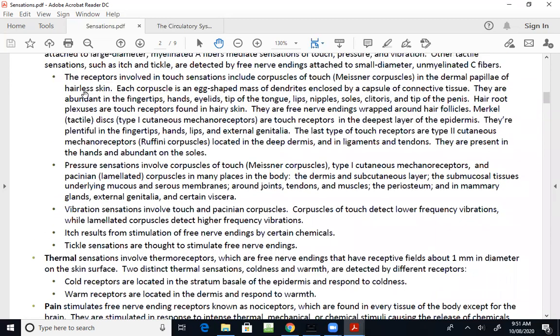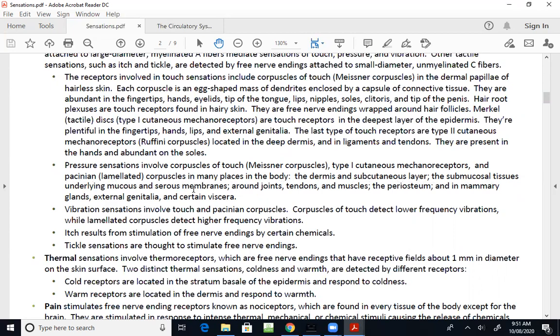So those are all for touch. Pressure involves some of those same ones: corpuscles of touch, once again Meissner corpuscles, type 1s, and a new one, what we call Pacinian or lamellated corpuscles, which are found in many places of the body, places like the dermis, subcutaneous layer, and submucosal tissues underlying our mucous and serous membranes.